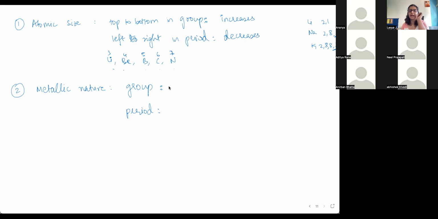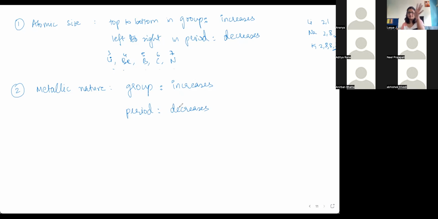Nikki, what about you? What happens to metallic character as you go from top to bottom in a group? It increases. Increases is absolutely right. And left to right, what is happening? Elena? It decreases. Decreases is absolutely right.